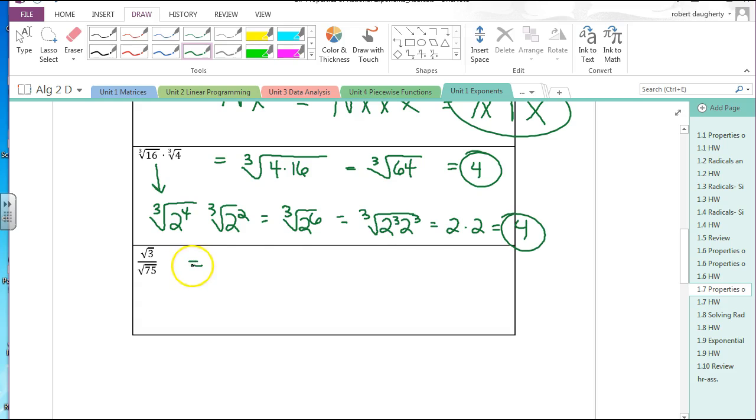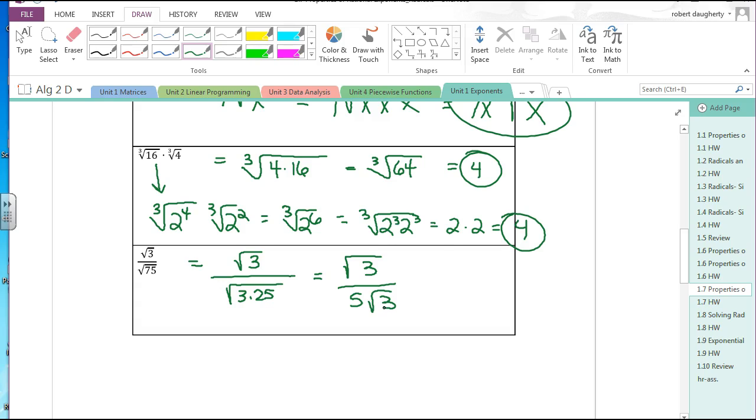So I can write this as the square root of 3 over the square root of 3 times 25. What's the square root of 25? 5. So this is square root of 3 over 5 square root of 3.